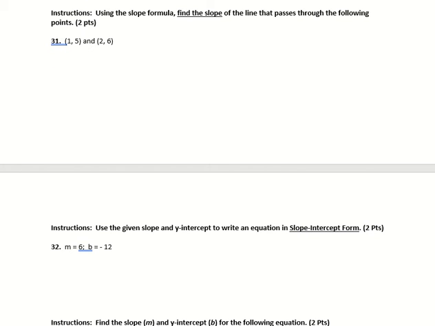Instructions. Using the slope formula, find the slope of the line that passes through the following points. Number 31. We have the points 1, 5 and 2, 6.